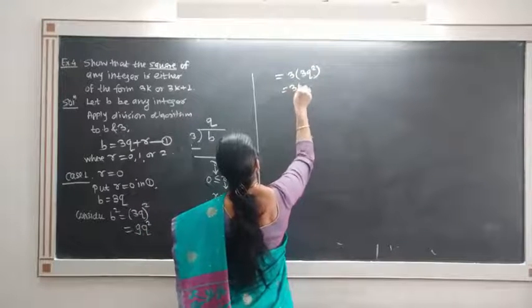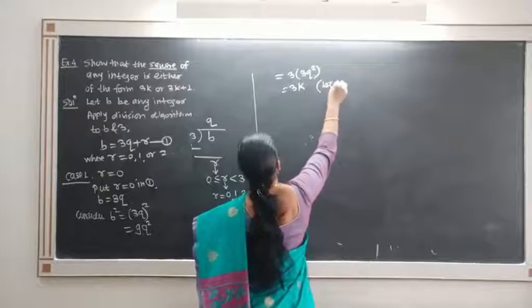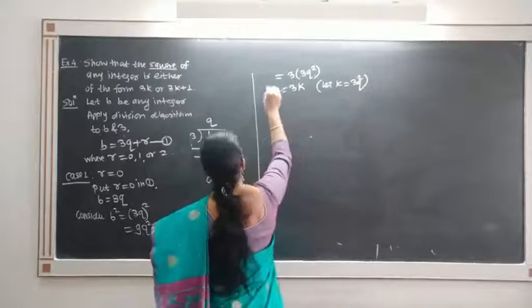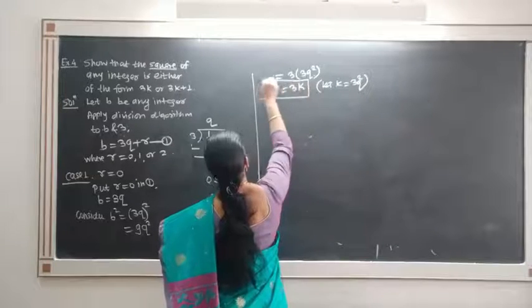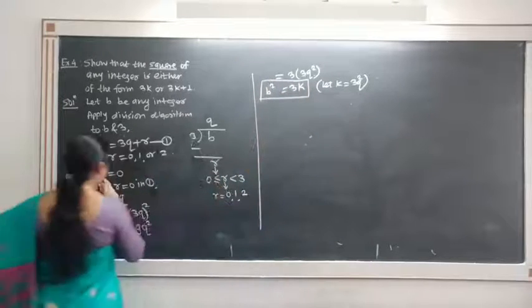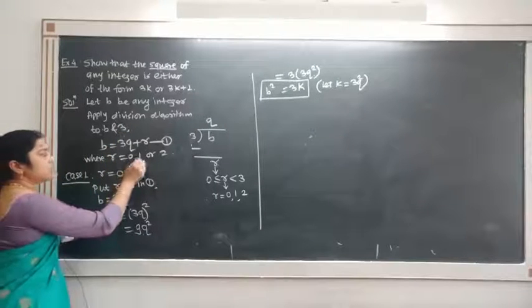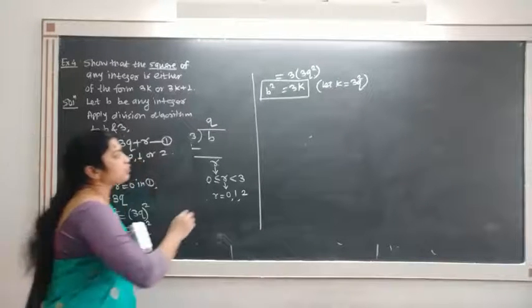I will assume this to be k. So letting k equal 3q square, we have b square is equal to 3k. So observe that in the first case, when r is equal to 0, the square comes to be 3k. Now consider the second case.